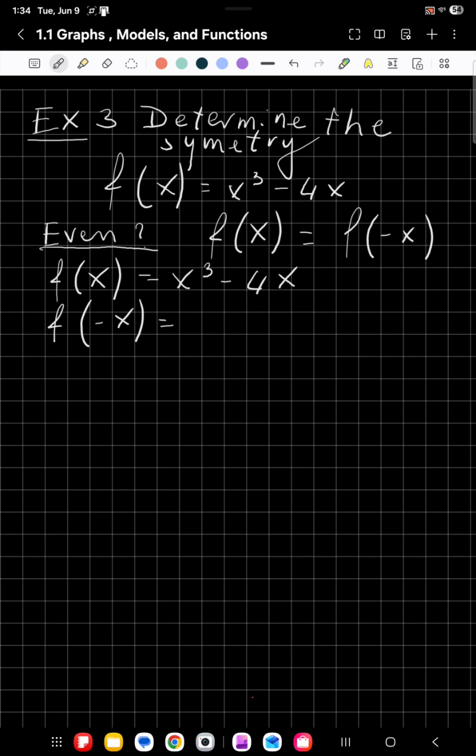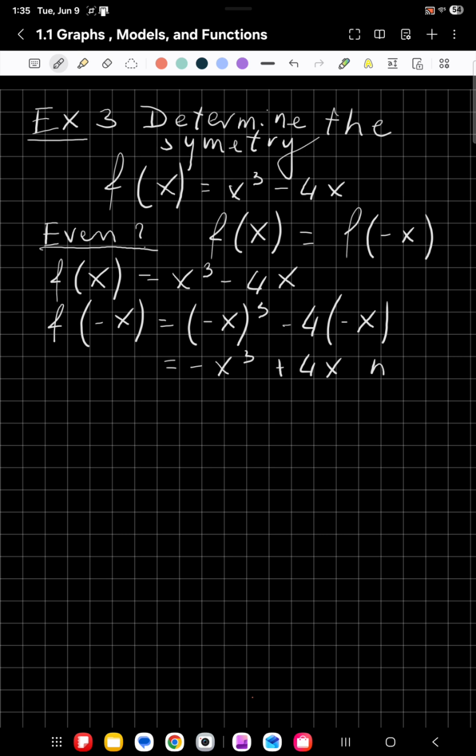Okay, so I go negative x cubed minus 4 times negative x. Okay, so out of that first computation we get negative x cubed. And here we get plus 4x. And so we check it against our original function, and we can see that they're different.